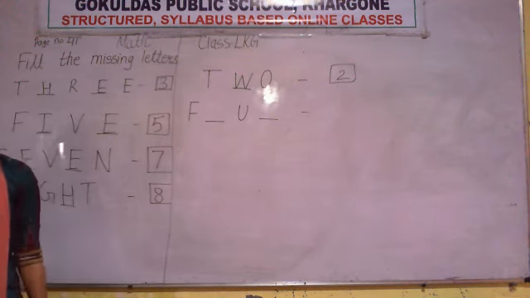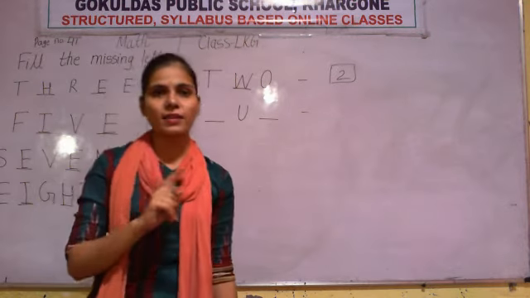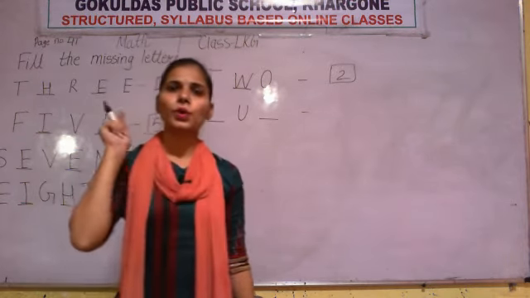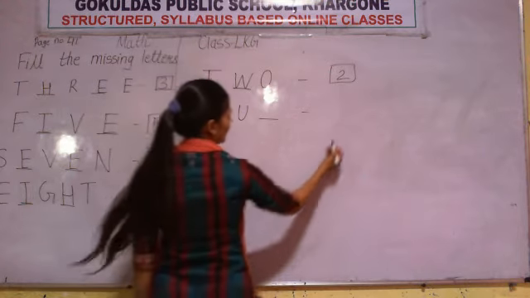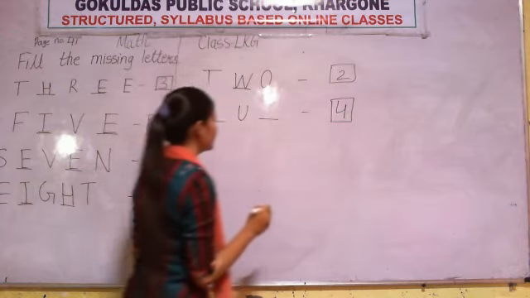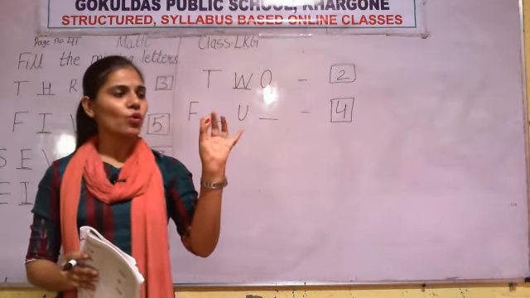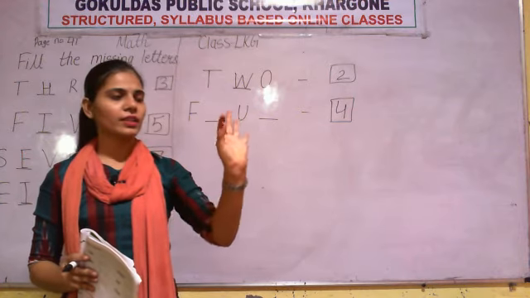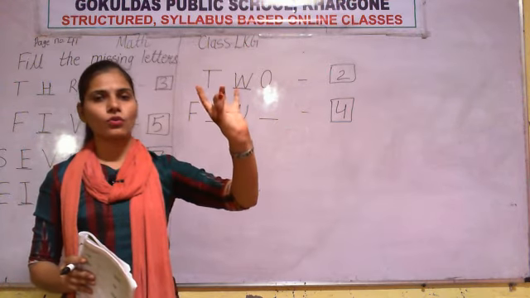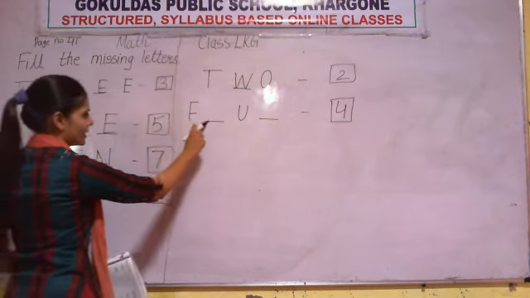Now think about what is the name of number 4. Start from F. F-O-U-R. The name of number 4 is F-O-U-R. First you revise the spelling of number 4. F-O-U-R. Count on your finger. So same right here.